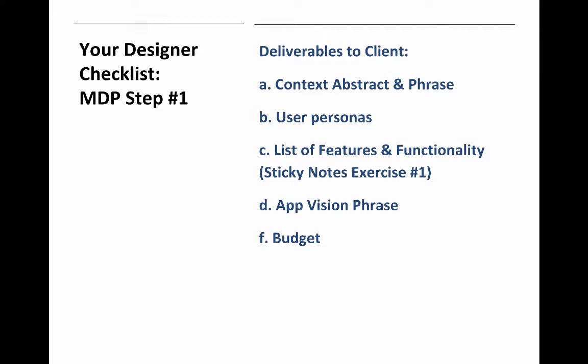The mobile design process lays out deliverables for each step in the MDP. In step number 1, you will be able to tell your client that you will have the following deliverables completed for them. Let's take a closer look at the features and functionality in the next slide to get a better idea of what they are.